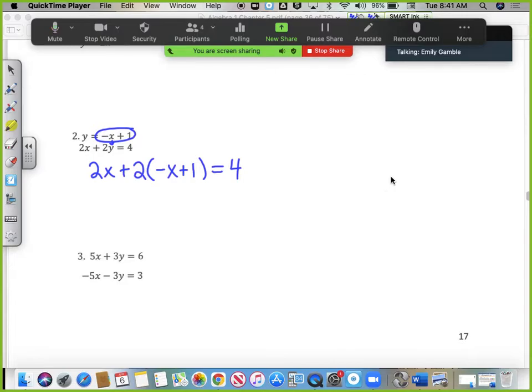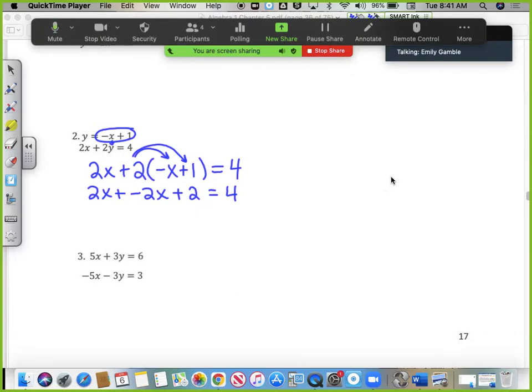Once I have that set up, now it's time for me to solve for x using algebra. So the first thing you would do is distribute 2 times -x and 2 times 1. This turns into 2x plus 2 times -x is actually going to be a -2x. And 2 times 1 is 2 equals 4.